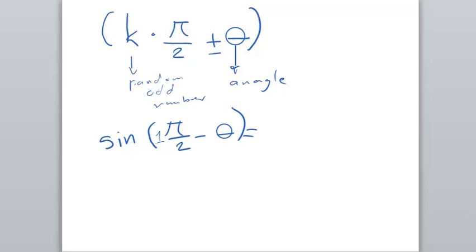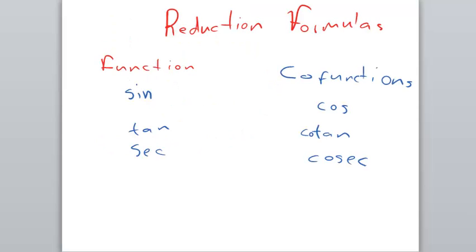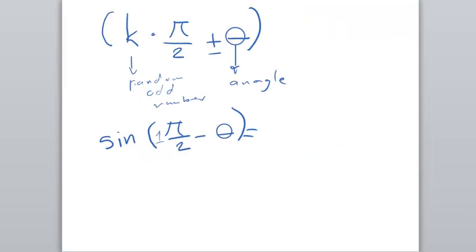What was the cofunction of sine? Sine's cofunction was cos, so it would be cos. And what was pi over 2 minus an angle? Pi was 180, so this is 90 minus an angle.